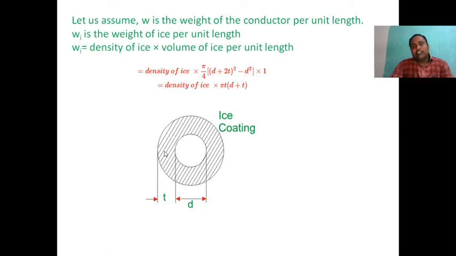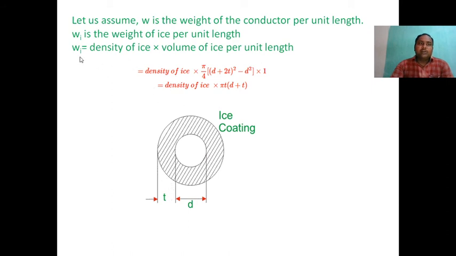Whenever the thickness increases, the conductor weight increases in the vertical direction. There are two thicknesses, one on the left hand side and one on the right hand side.